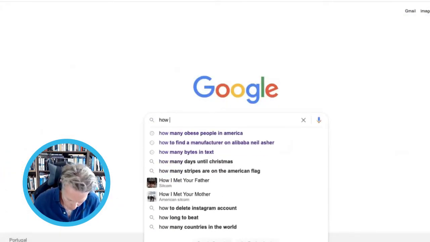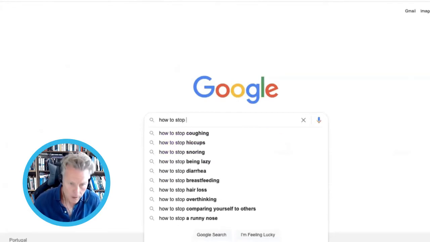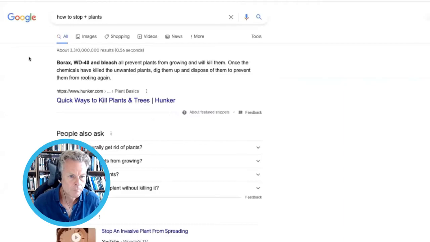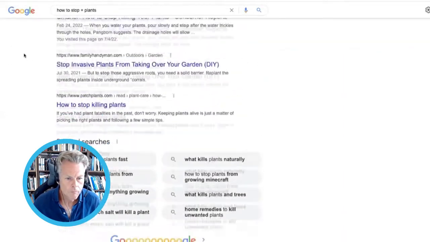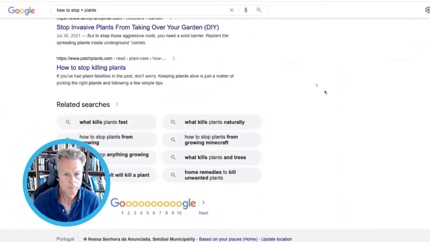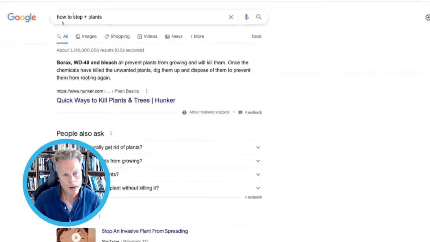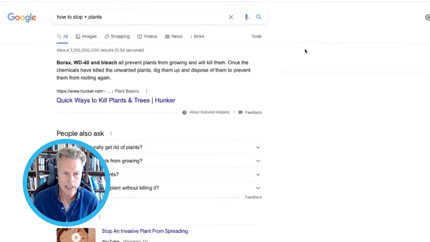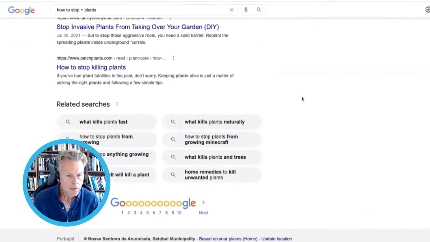So if we go to Google, how to stop plants. So if I just type in how to stop and then the thing that my product is aimed at, I'm going to get some interesting ideas.